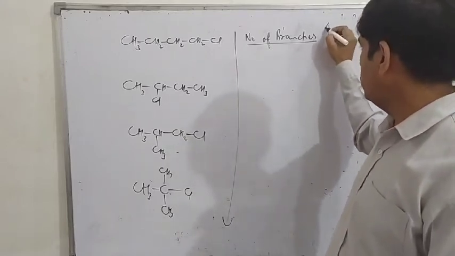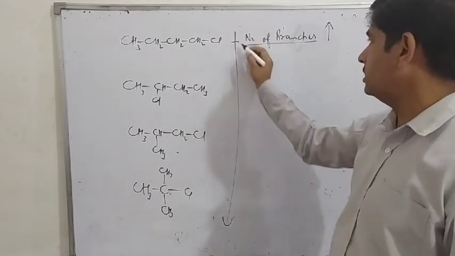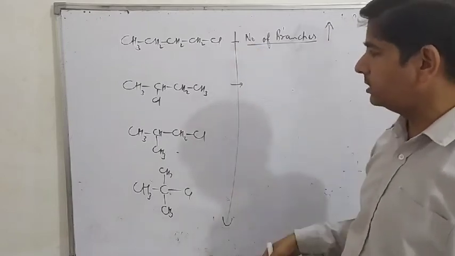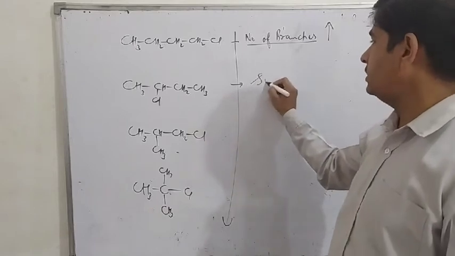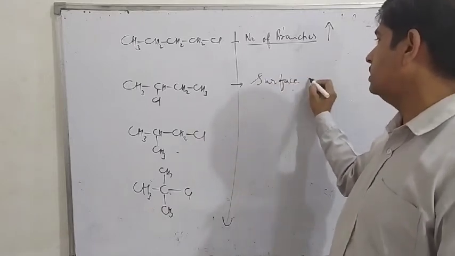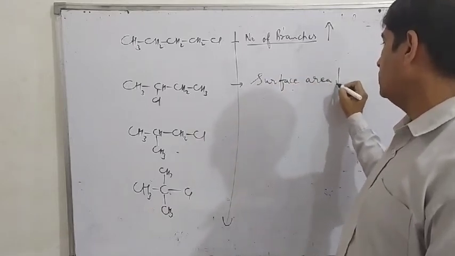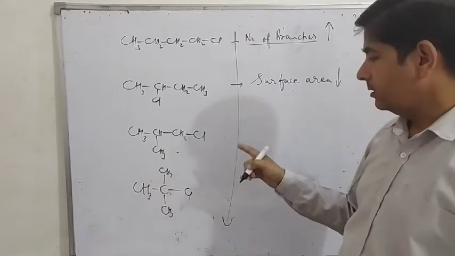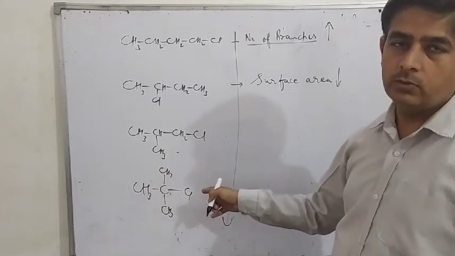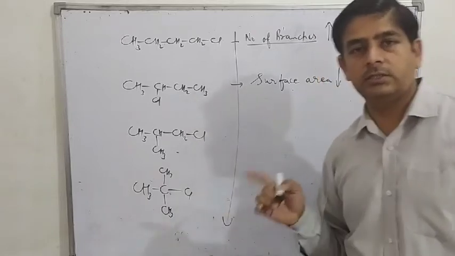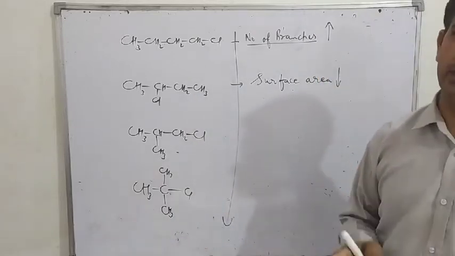So as the number of branches increases, the surface area decreases. Keep this in mind. If the number of branches is increasing, then the surface area of the compound will decrease.